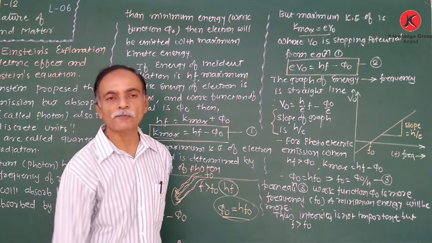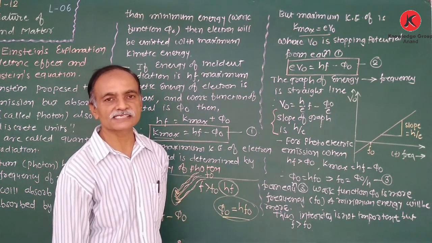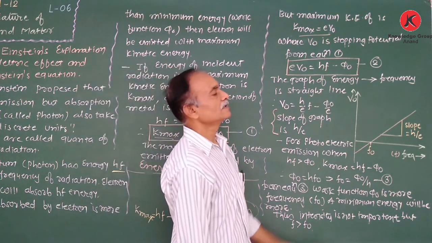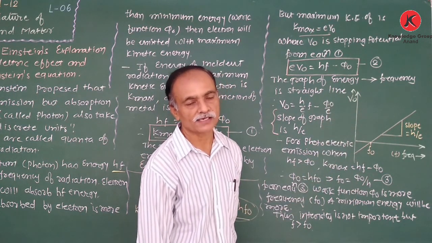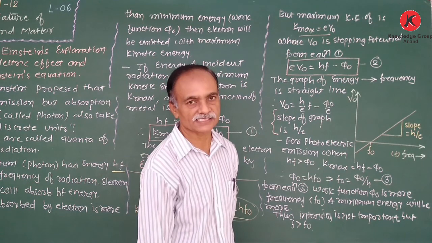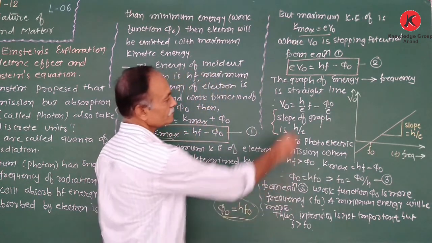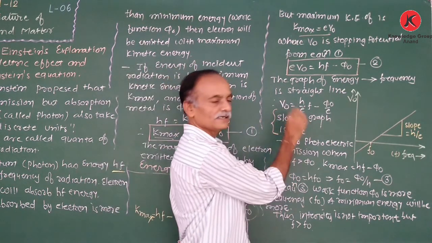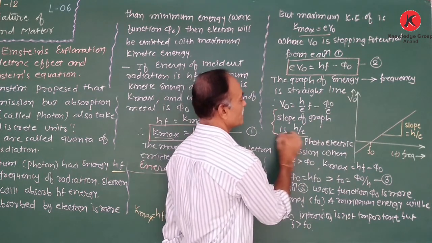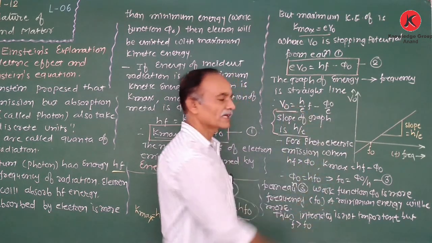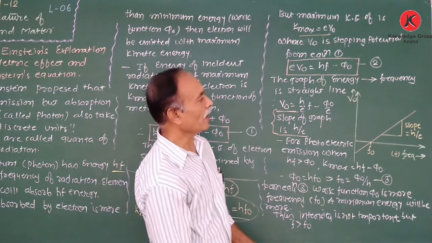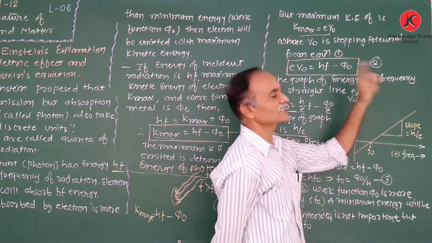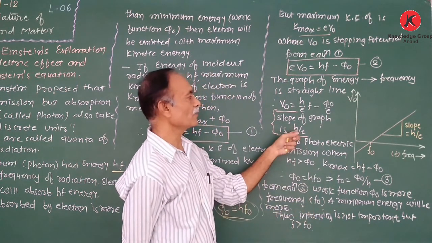The slope of V0 versus f graph is h upon e. So that is the 1 mark objective question frequently asked in board exam, Gujarat board, and also the NEET exam.